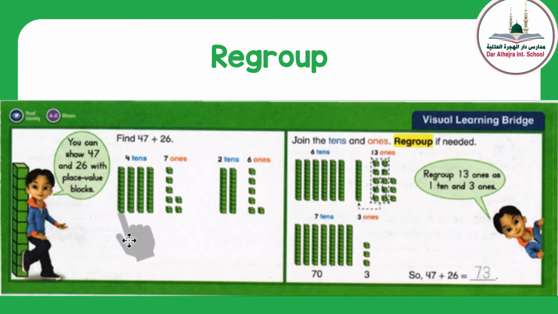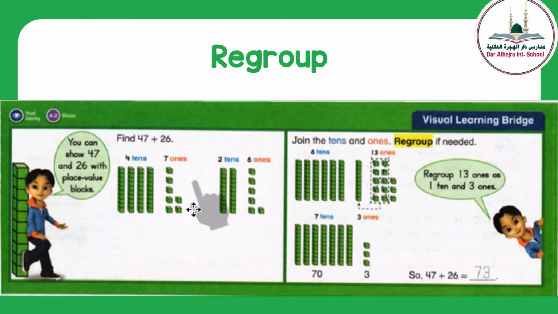So we can show the 40 with 4 ten bars, and 7 can be shown with 7 single blocks. Now in here, to add 26 to 47, we have shown again here 2 tens bars and 6 single cubes. Now once we join them together, look very carefully here.